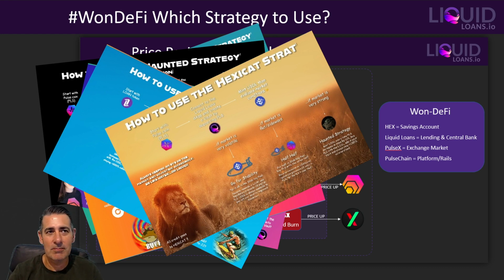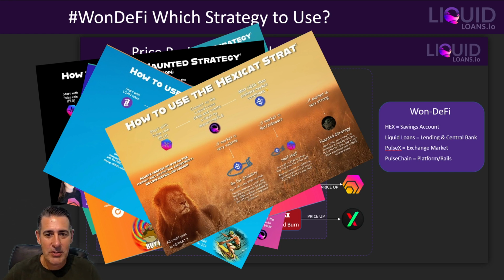So there's just hundreds of strategies people are going to be able to put together using these tools. So that's not just liquid loans, that's Hex, PulseX, Pulse itself, so the underlying rail. So they're all price positive.